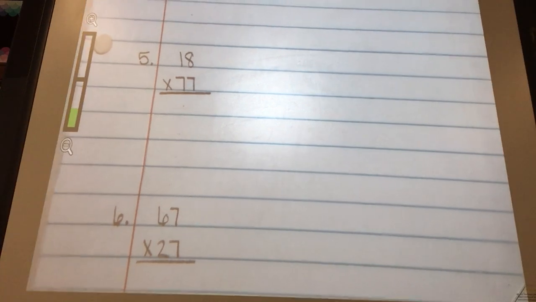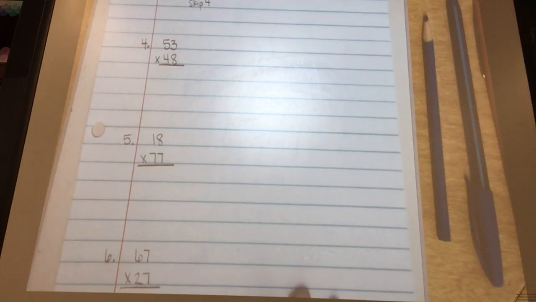I'll zoom out a little bit so you guys can see them. Skip 4 lines, and then I'm going to do number 7 back up at the top because I'm going to run out of room. Only skip 3 lines. You'll have enough room.